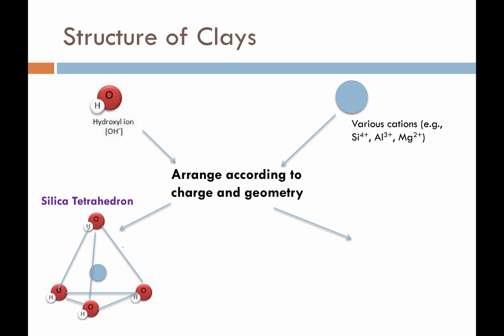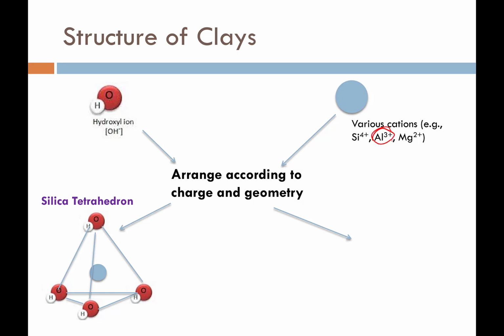Now, this particular molecule, we call it a silica tetrahedron because quite often that metallic ion in the middle there is a silica ion, which has a +4 charge, meaning that each one of these negative charges that's on here satisfies it, and it becomes a happy and satisfied molecule.